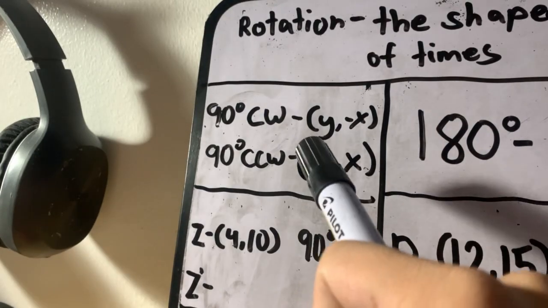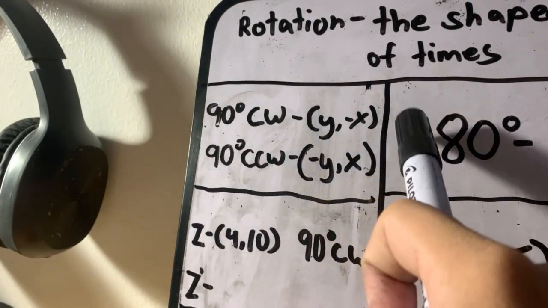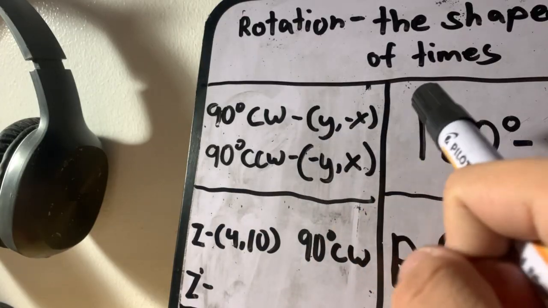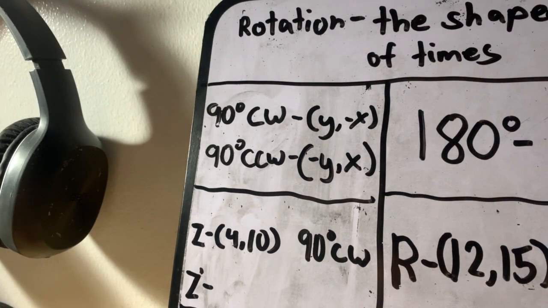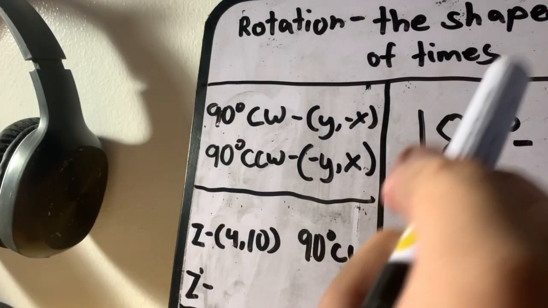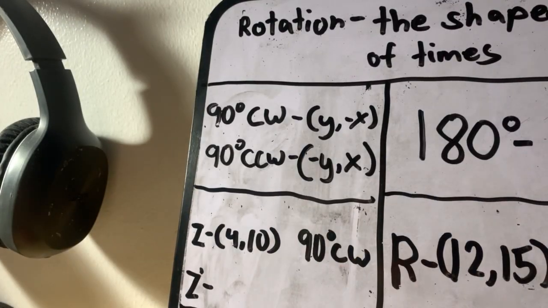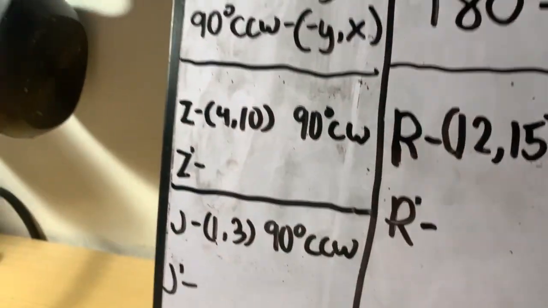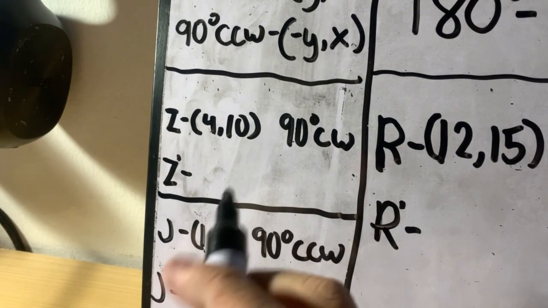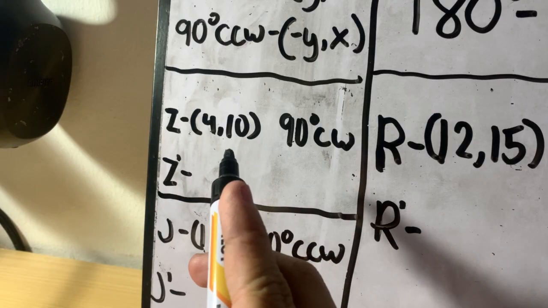Ang gagawin natin, babalik natin from x to y ay magiging y to negative x. So dapat si x ay nasa left side pero si y nasa taas. And sa counterclockwise naman, baliktad si y and x, pero same pa rin silang y, x. What I mean is that negative naman si y and si x naman ang positive. So, we have a question here. So, ang x natin ay si 4 and ang y natin ay si 10.